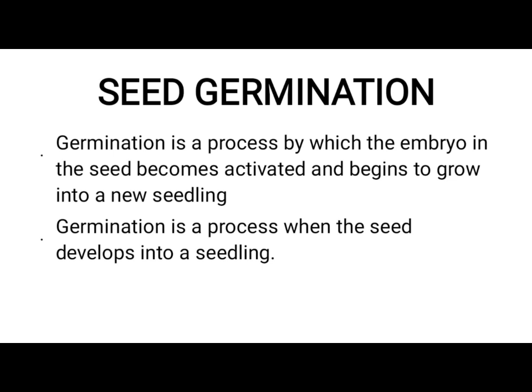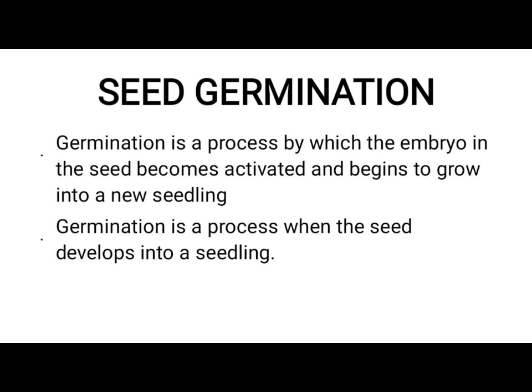I talked about that when I was talking about the development of the toad. So mitosis will take place for the zygote to develop into what? Into an embryo. So at that point when the embryo is formed, when the seed is planted, or when conditions necessary for germination are fulfilled, the seed will then begin to grow.